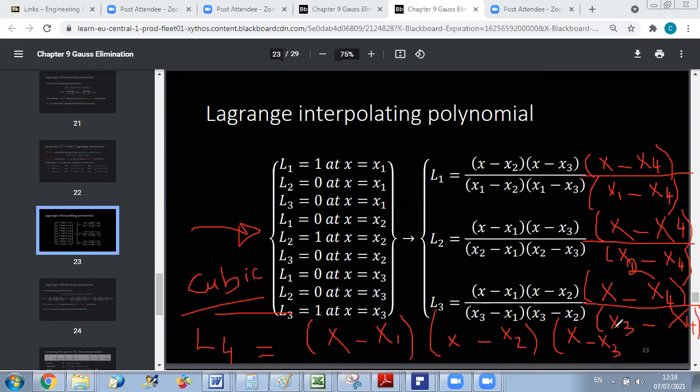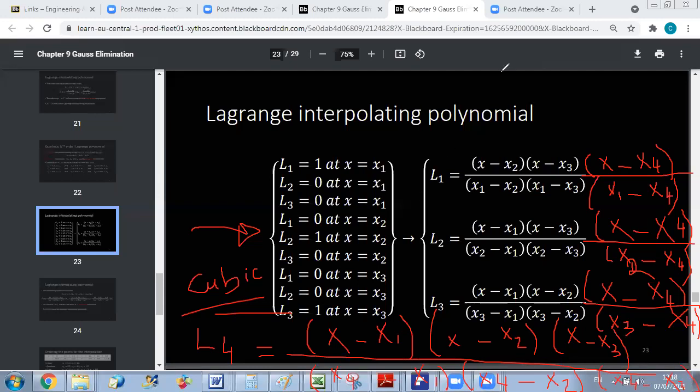Over, now I just replace x in the denominator with x4. So x4 minus x1 times x4 minus x2 times x4 minus x3. And this is the general way I can define my Lagrange operators.